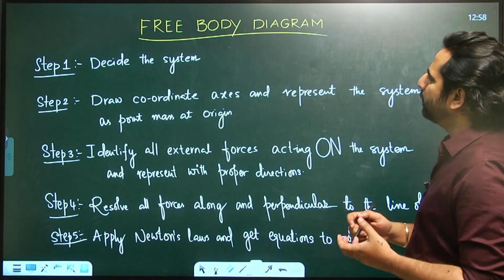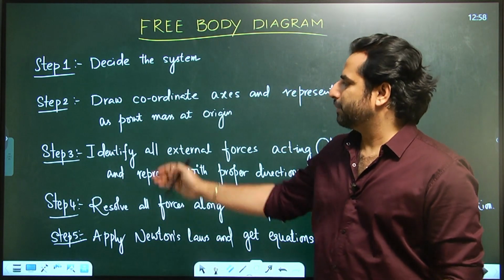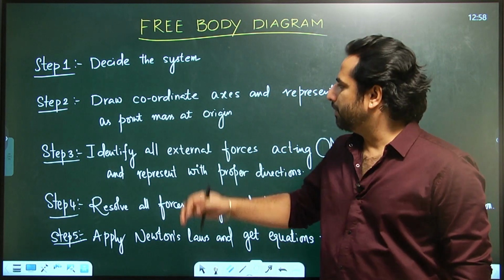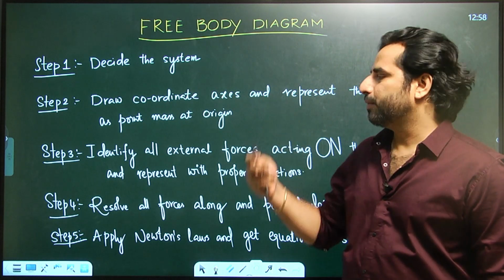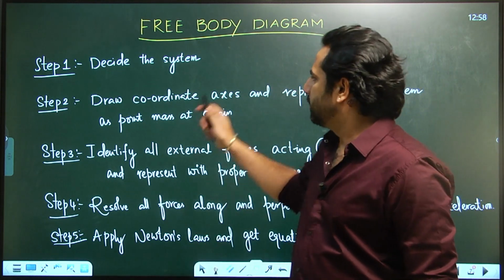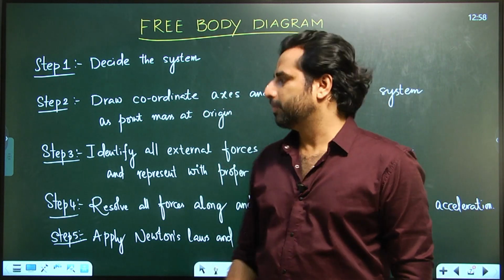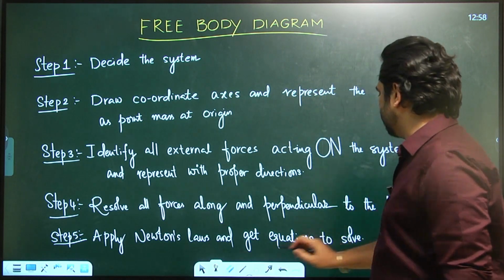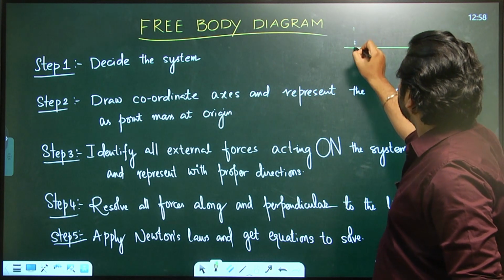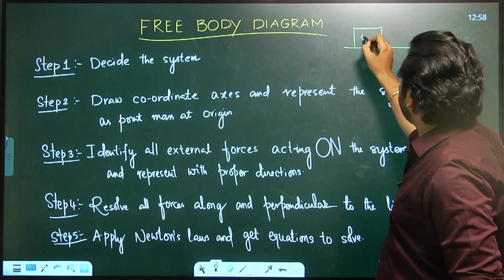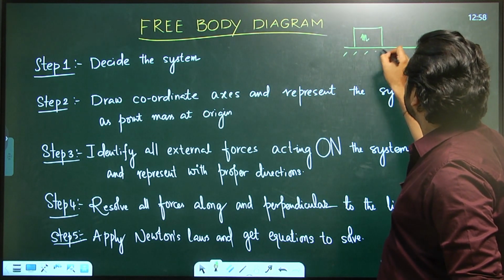I will try to take a very simple system first to explain the steps, then I'll take some random example and try to draw the free body diagram for the same. Step number 1 is decide the system. Let me take the simplest example: a block of mass m on the ground.